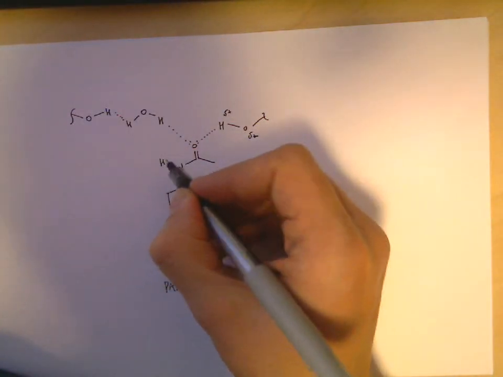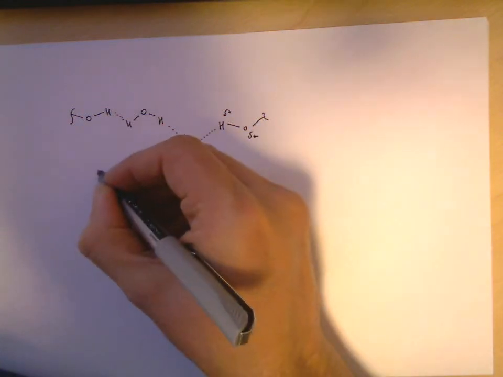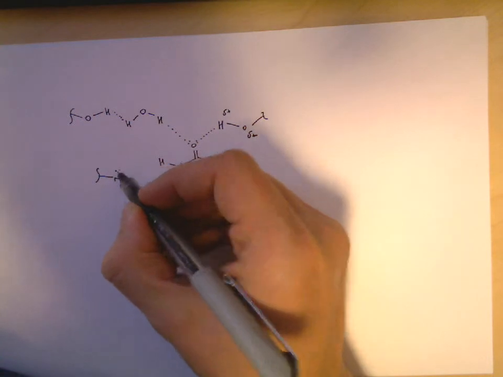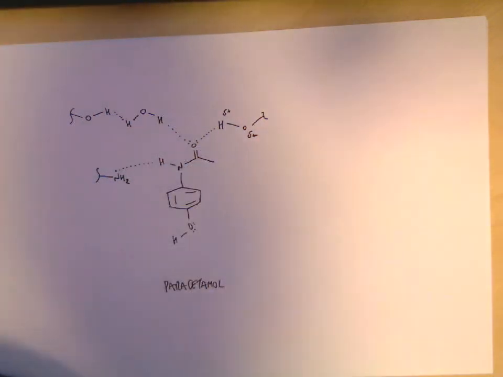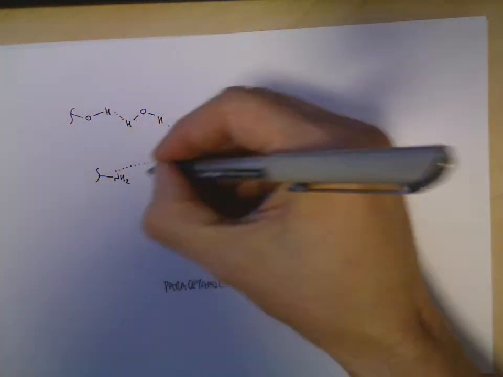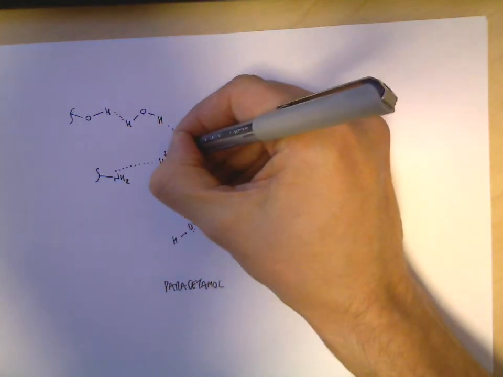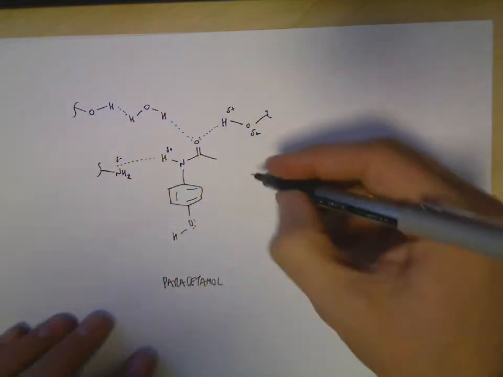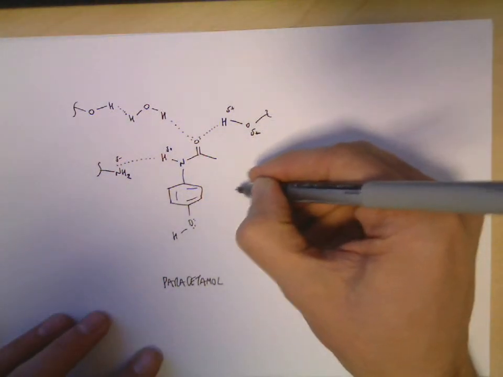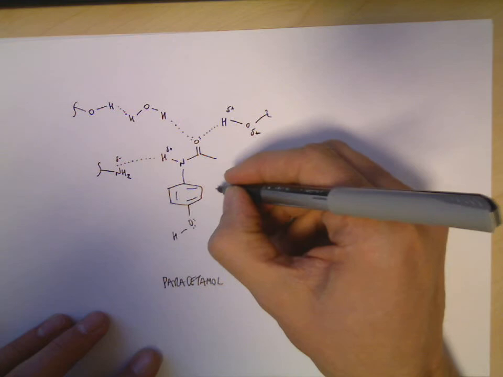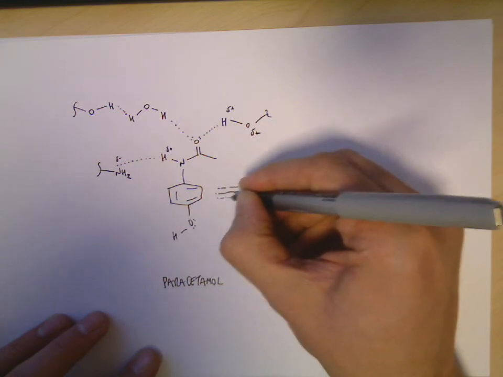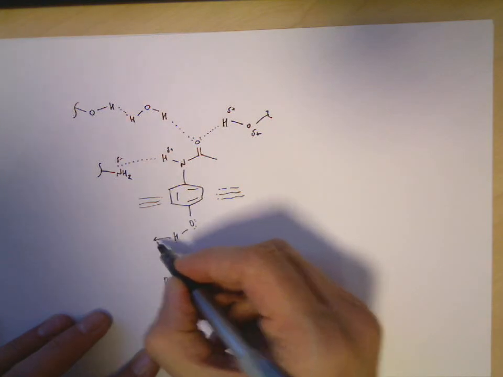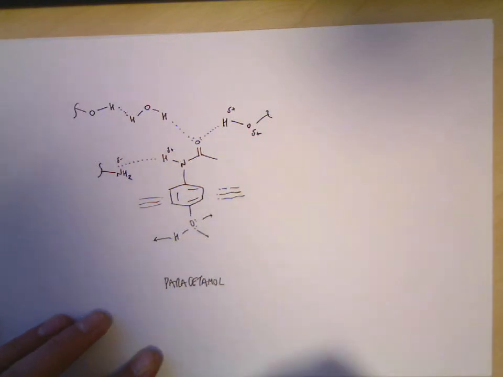There's also a hydrogen bond donor here. So in this case, you may have on your backbone an amino acid which has a lone pair of electrons. So again, you can get a hydrogen bond between this delta plus and this delta minus. You may also have other alkyl chains or other aromatic rings where you get van der Waals interactions taking place here, and similarly you can get hydrogen bonding here, hydrogen bonding here, and hydrogen bonding here.